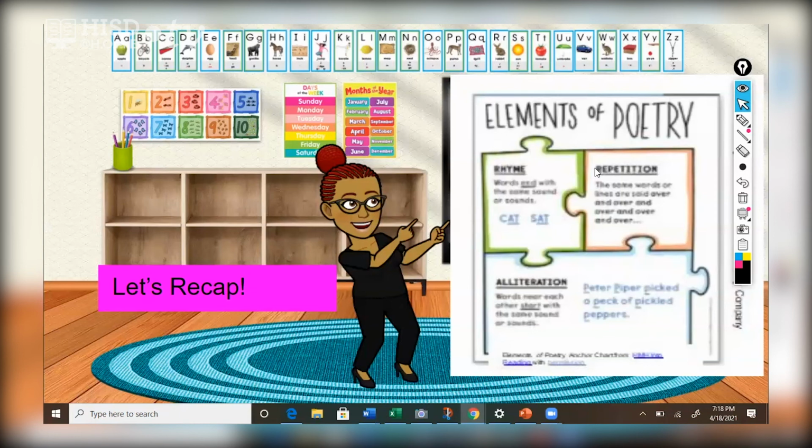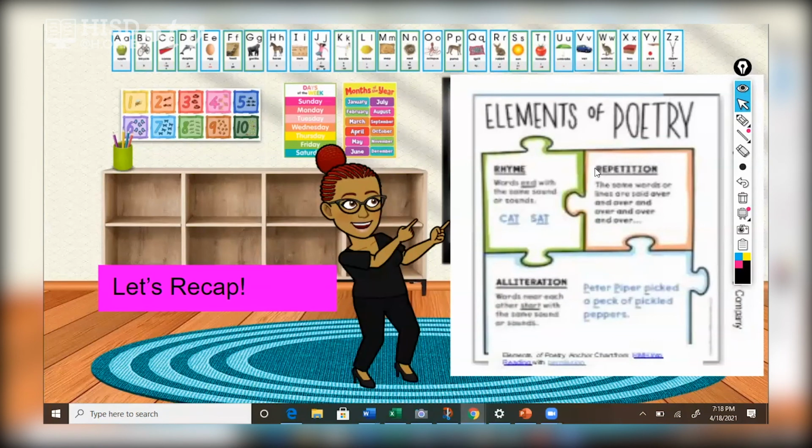We also learned that poetry can have different elements or parts that go together to make the poem, like rhyme. In many poems, you will hear not rhyme, rhythm.